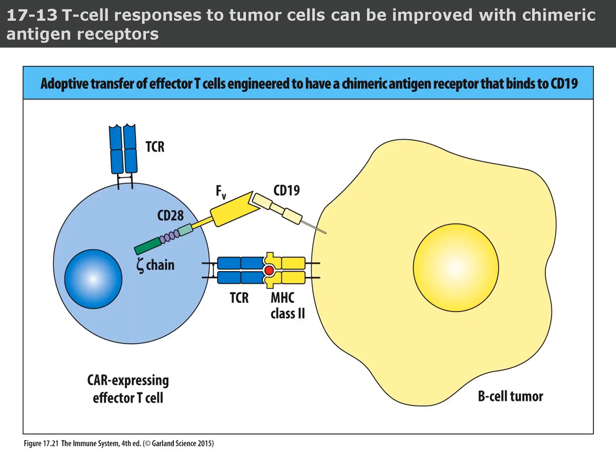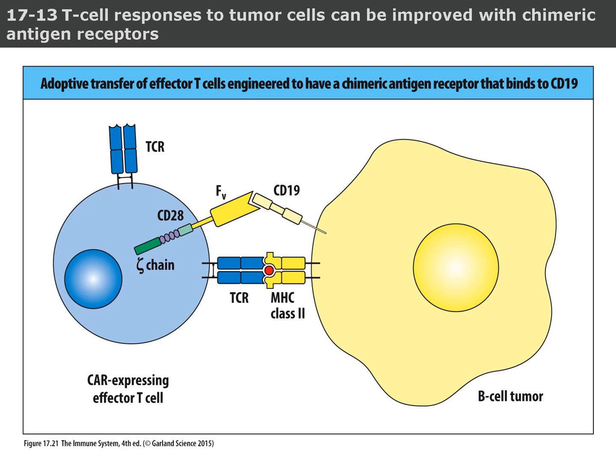This figure illustrates adoptive cell transfer therapy using effector T cells engineered to express a chimeric antigen receptor. The engineered T cells express receptors that recognize CD19, a surface protein found on B cell tumors.